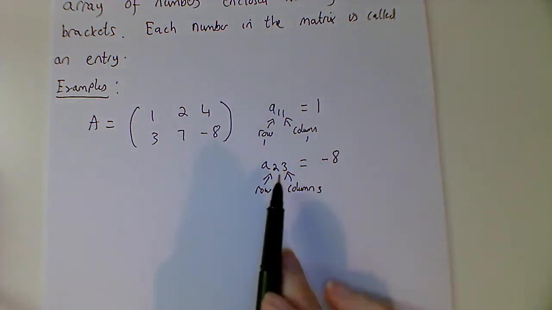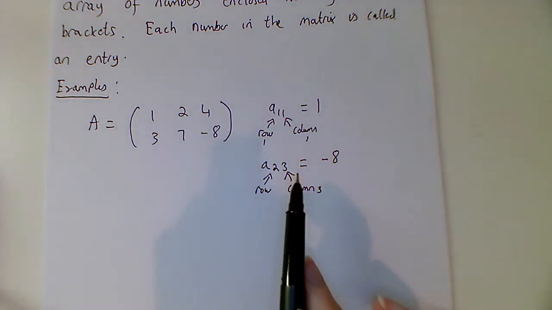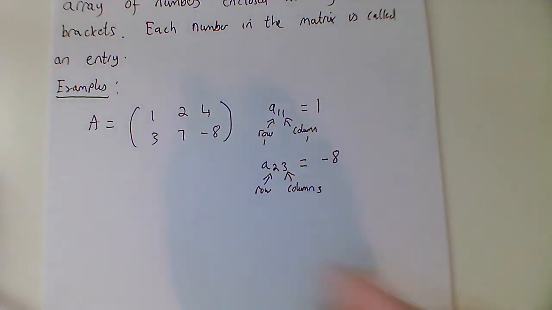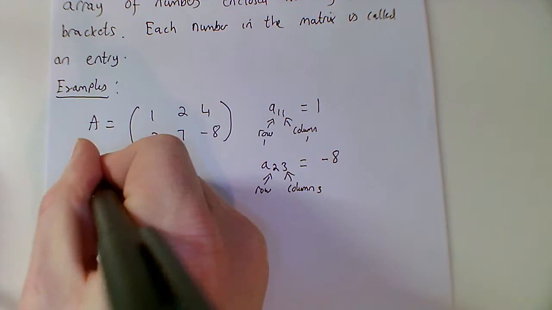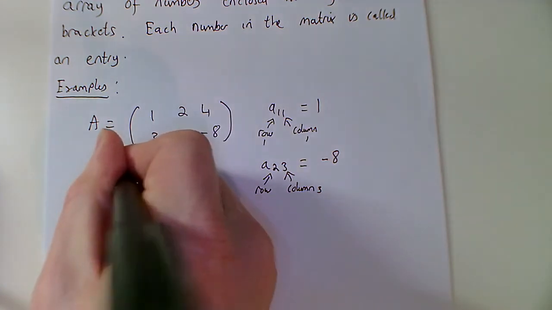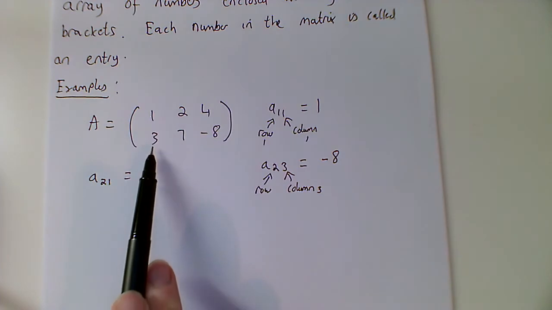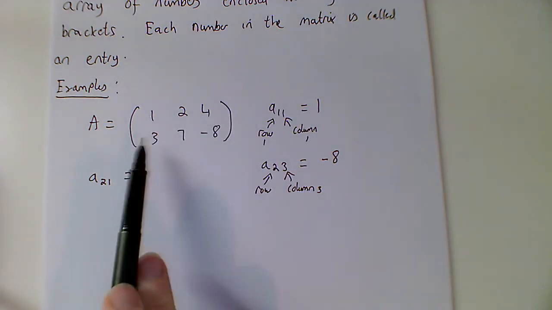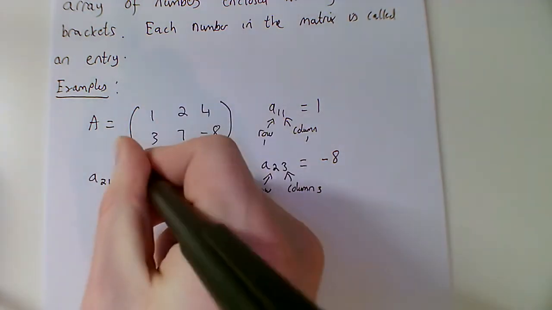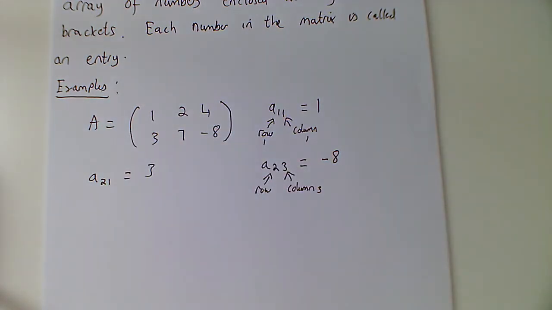And these should be subscripts, they should look smaller and lower down. If I'm looking at A21, I should be able to see that A21 is in row 2, column 1. So that means that my element there is just 3. So that's how we can tell the different elements of our matrix.